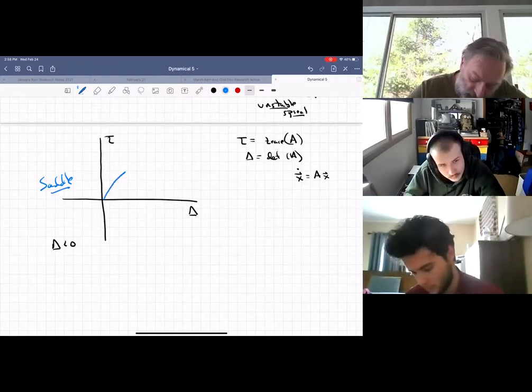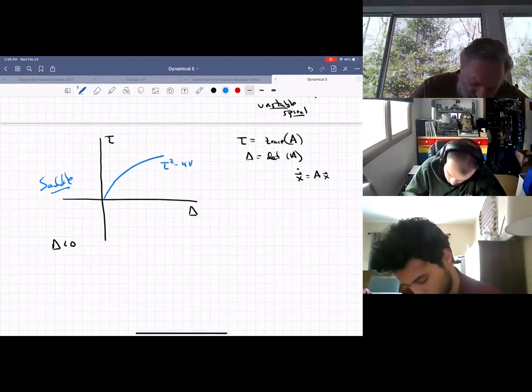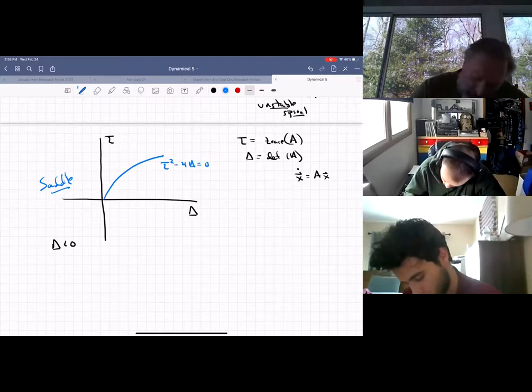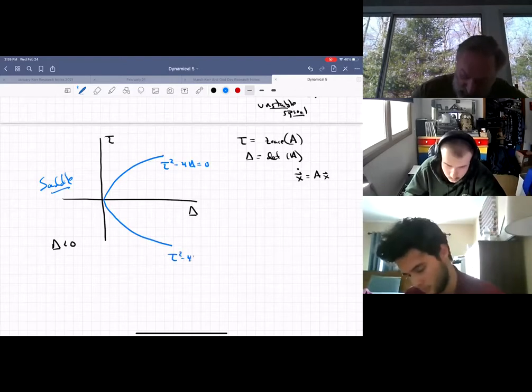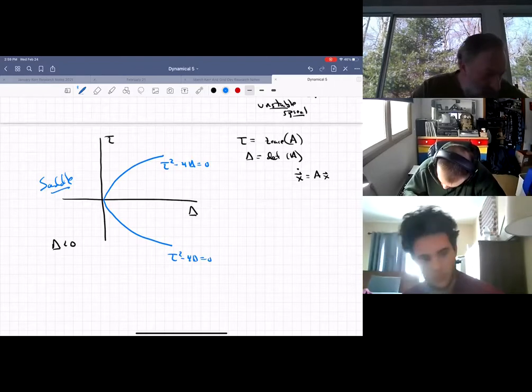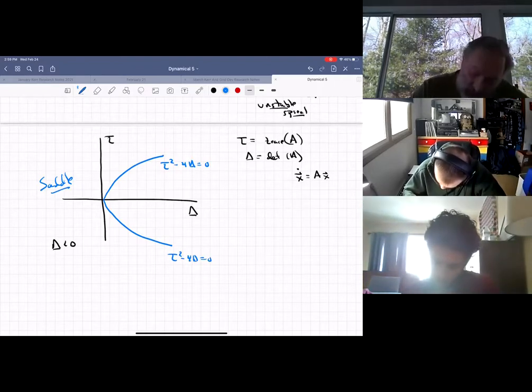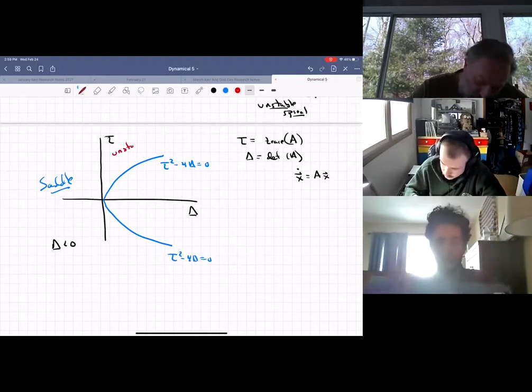There's a curve here, tau squared minus 4 delta equals 0. So that's the curve. Now if tau is positive, what you have up here are unstable nodes.